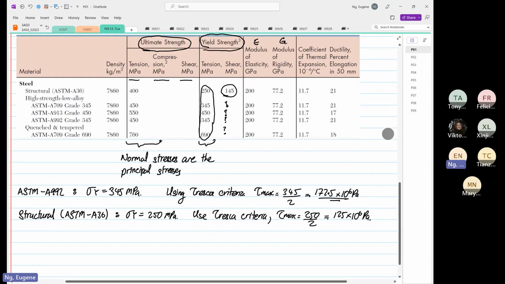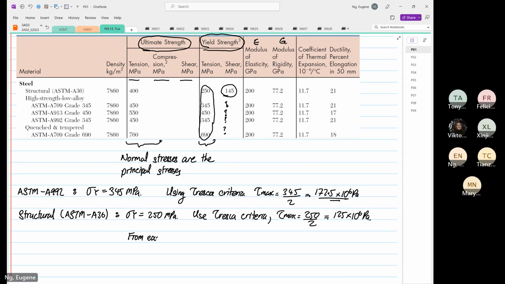But when they have done the experiment, tau max E is equal to 145. So it's better to use a criteria that is lower than the experiment.